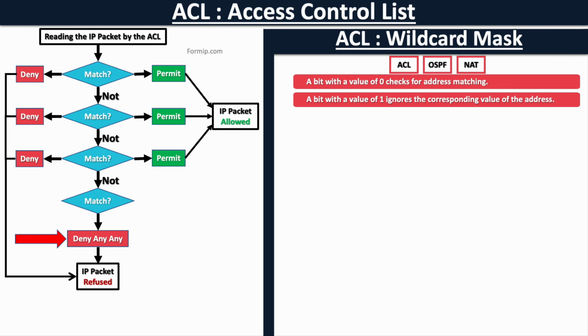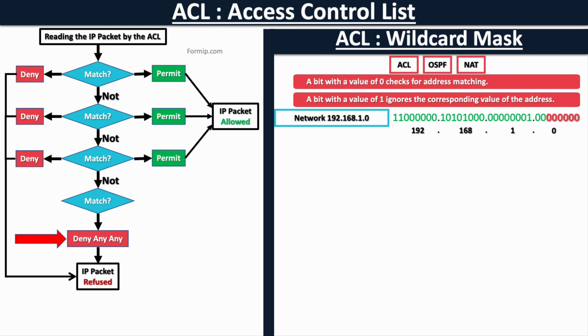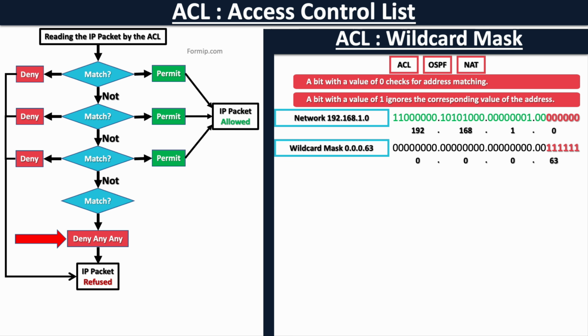To understand this, let's take an example. We have the 192.168.1.0 network with wildcard mask 0.0.0.63, which corresponds to a /26. For each address, I have given you the decimal form and the binary form.